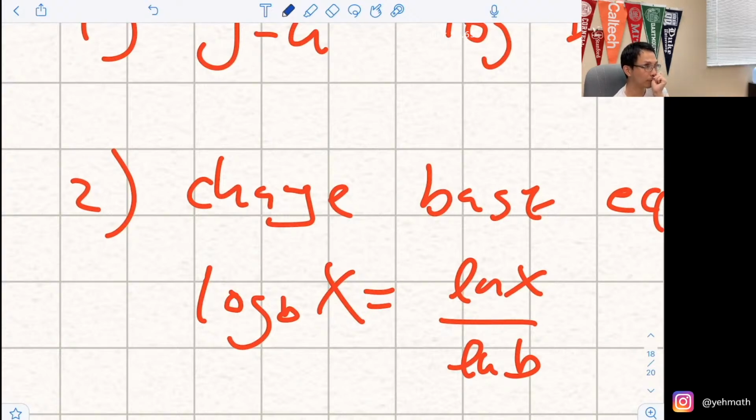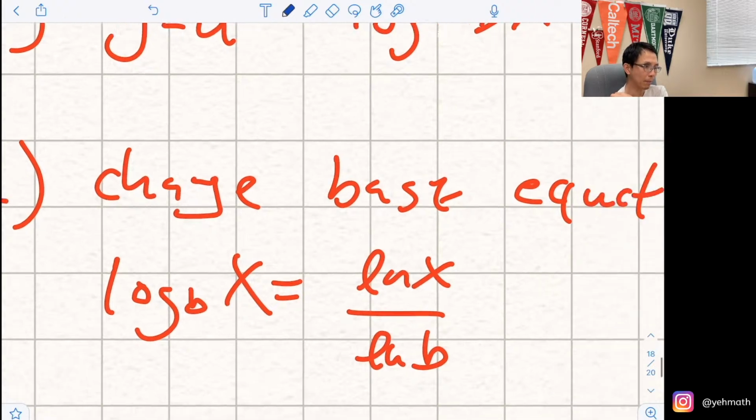If you just change natural log to log, wouldn't that also be a correct statement? Yes, if it was log of x over log of b, that would be the same.